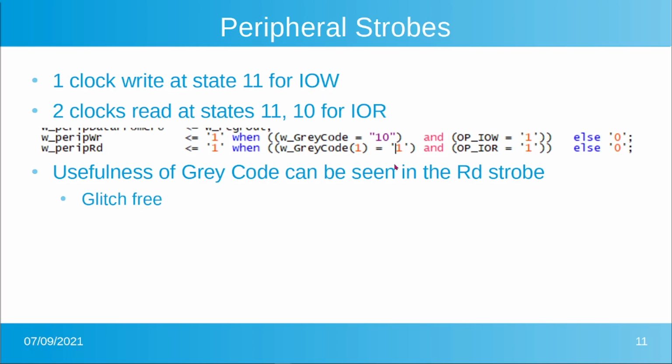usefulness of the gray code can be seen in this read strobe, because instead of looking at 2 bits and saying this is 3 or 2, we can just say if this most significant bit is set. The fact that the bits below it can change, but this bit doesn't change, produces a nice, very clean, glitch-free output. If you ever have stuff that you run and it gets real flaky and you can't really figure out why, sometimes it's due to this decoding.